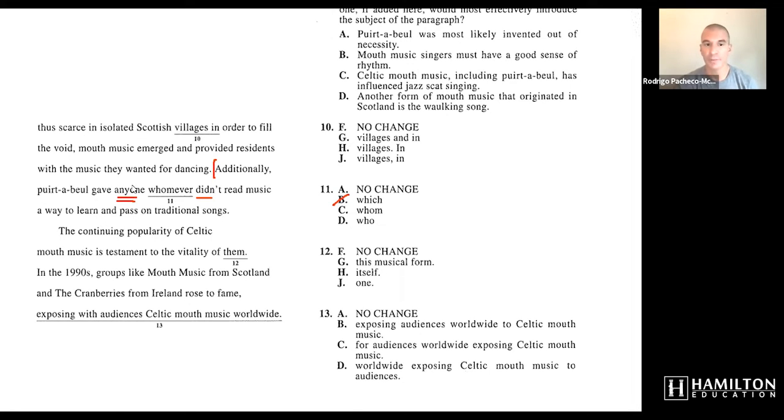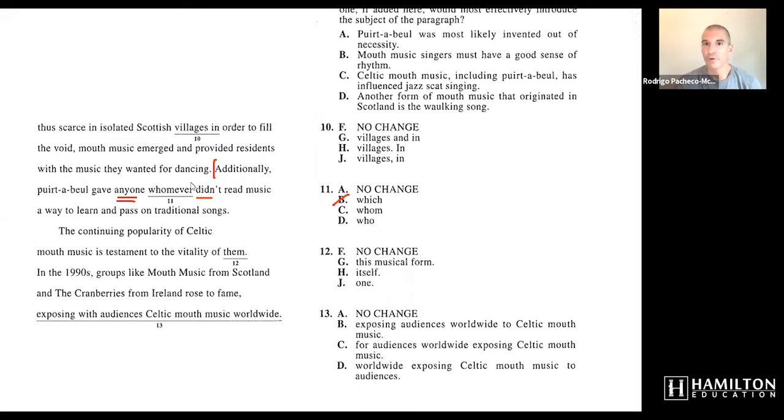So here, because we are talking about people, we are limited to whomever, whom, and who. So let's think about the case. How do we know what the case is here, or what it should be? Well, we have to think about the pronoun's relationship to the verb. Is it acting on the verb? Is it performing the action? And in this case, it is.